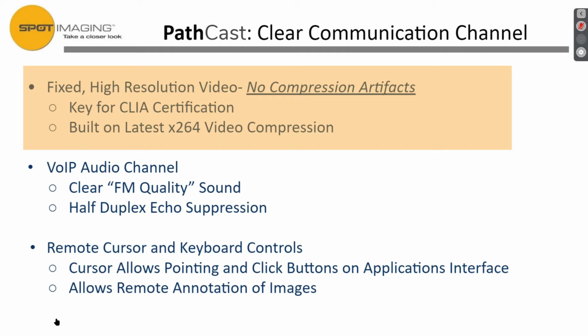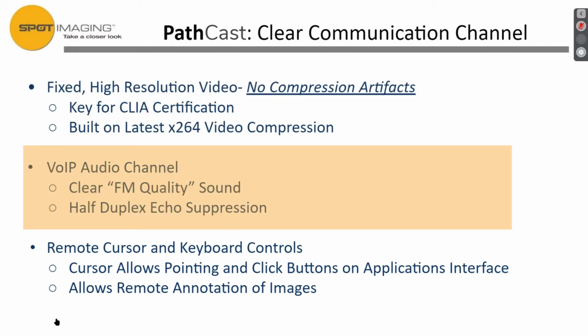There is quite a bit of question about the amount of compression that's going on and the variability of the compression for video transmissions, and if it's either annoying or something that actually can impact your diagnosis. We build off of the latest, what's called X264 video compression, and we control and fix the compression amount so that you don't see it.